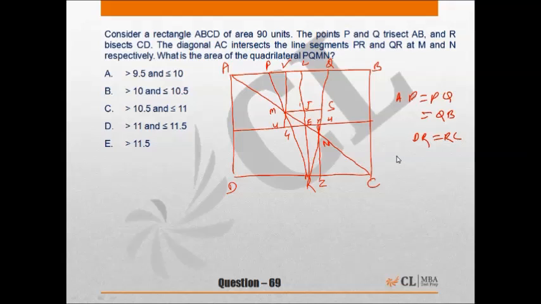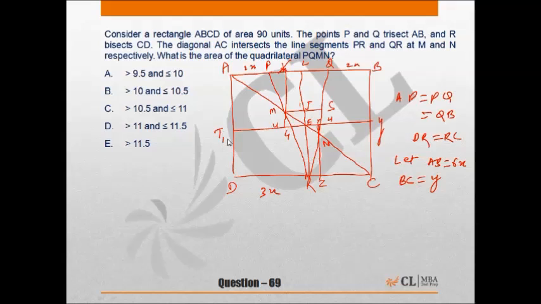So let AB equal 6x and BC equal y. From there we get AP as 2x, QB as 2x, and PQ as 2x, DR as 3x, and BC as y.